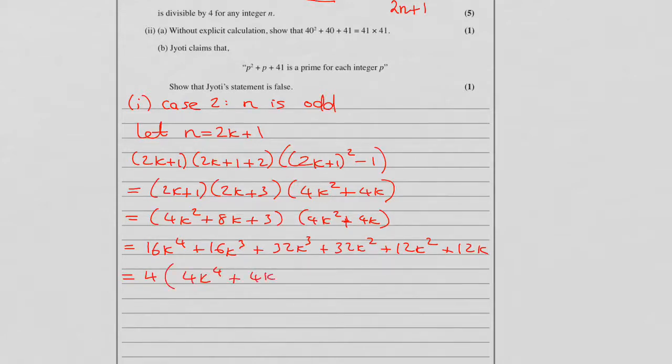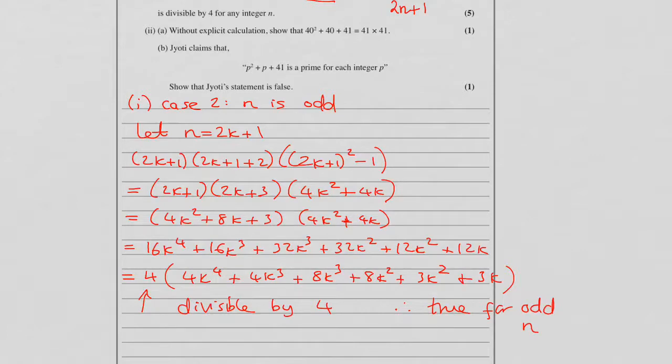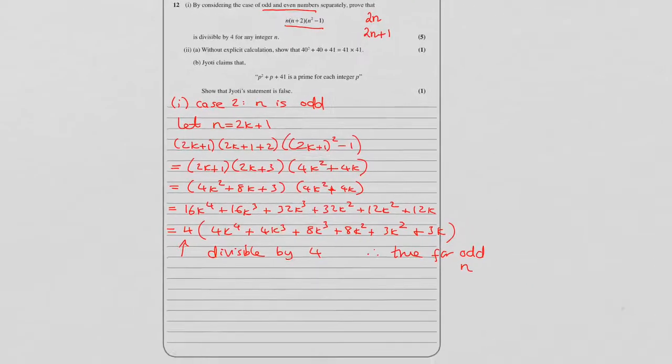So I've taken a 4 out here. And again, because I can take out 4, it must be a multiple of 4, so divisible by 4. Therefore true for odd n. Okay, so I'm just going to summarise this a little bit.